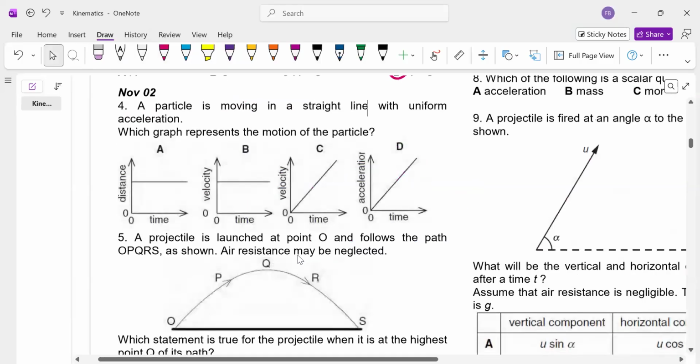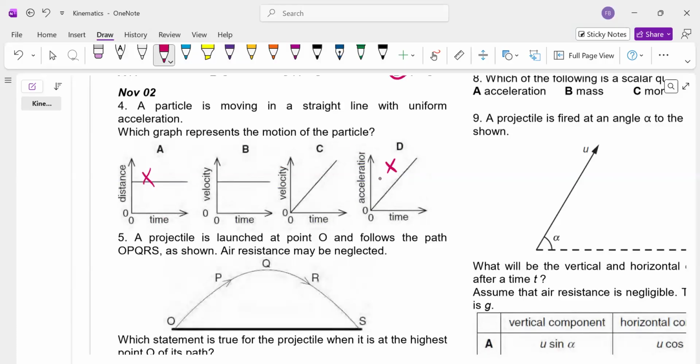Now, a particle is moving in a straight line with uniform acceleration. Which graph represents the motion of the particle? Now they are talking about uniform acceleration. You will eliminate this, because this is a distance time graph. And you will also eliminate this, because you don't get acceleration from the acceleration time graph.